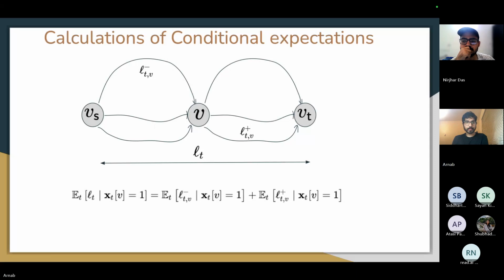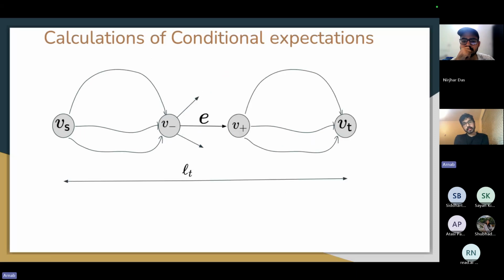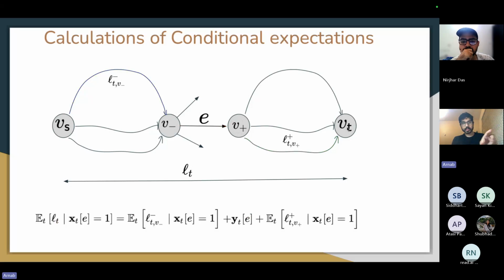And similarly, if you now condition on the event that your path is going through this edge E, then you can decompose it into three parts: the path from source to V minus, then this edge, and then the path from V plus to the sink.